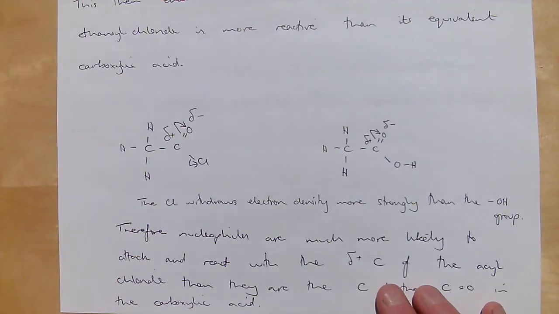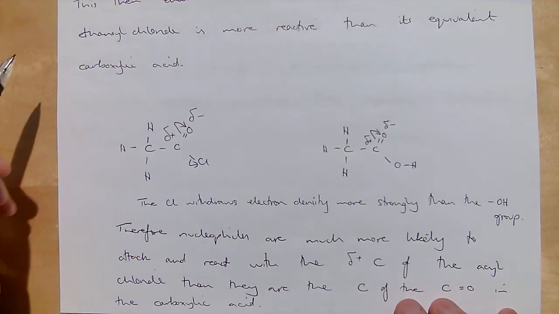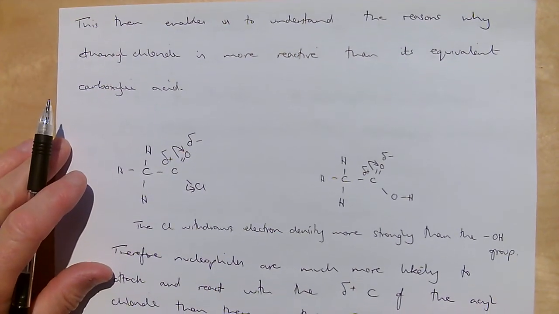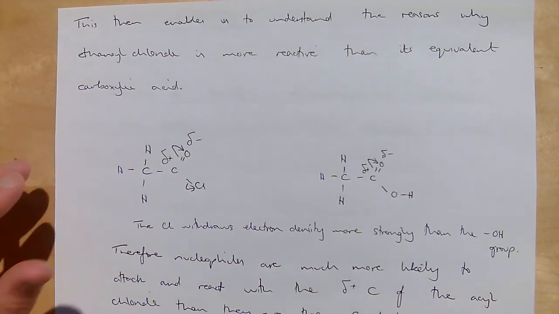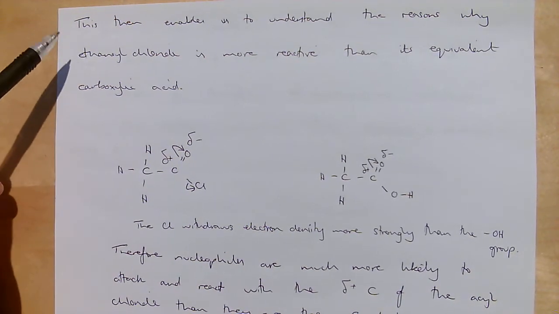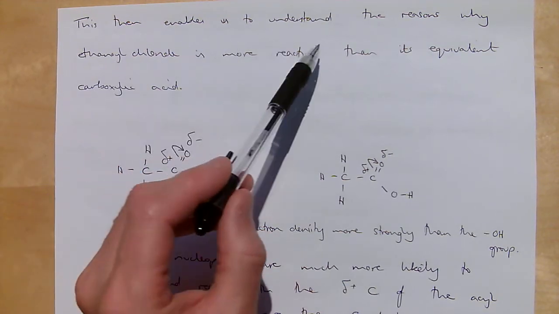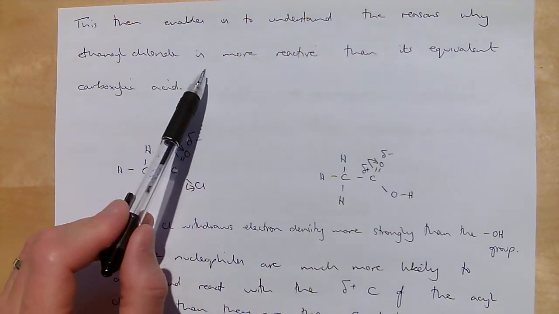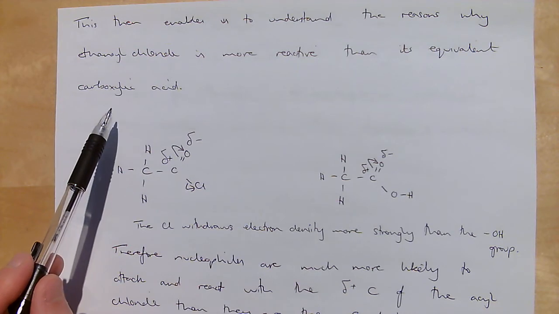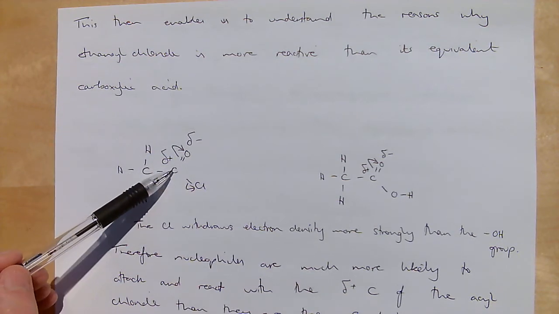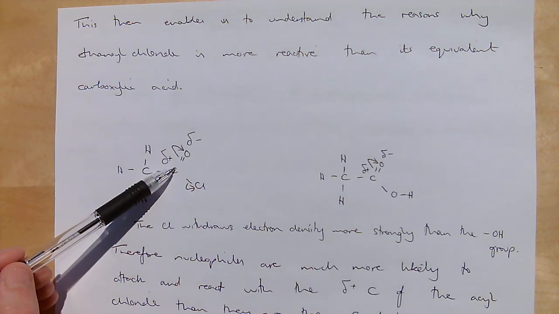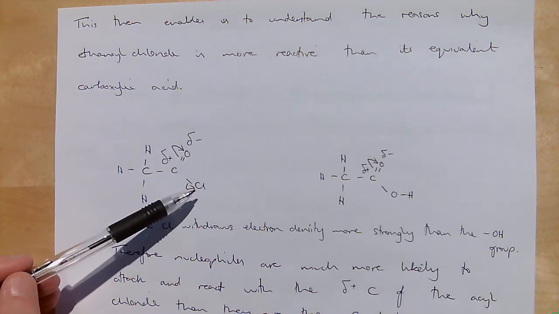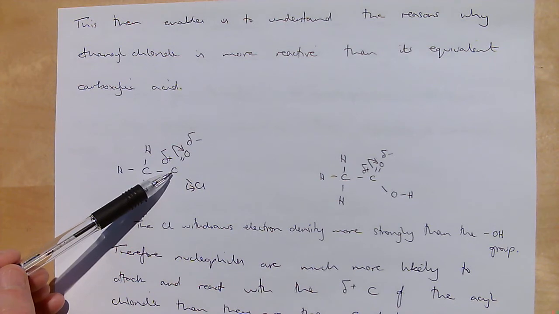Okay, so this is quite a standard exam question really. You need to be able to understand why acyl chlorides are more reactive than their equivalent carboxylic acids. This enables us to understand the reasons why ethanoyl chloride is more reactive than its equivalent carboxylic acid. The electrons around that carbon are being pulled away by that oxygen and that chlorine, making that really quite delta positive.